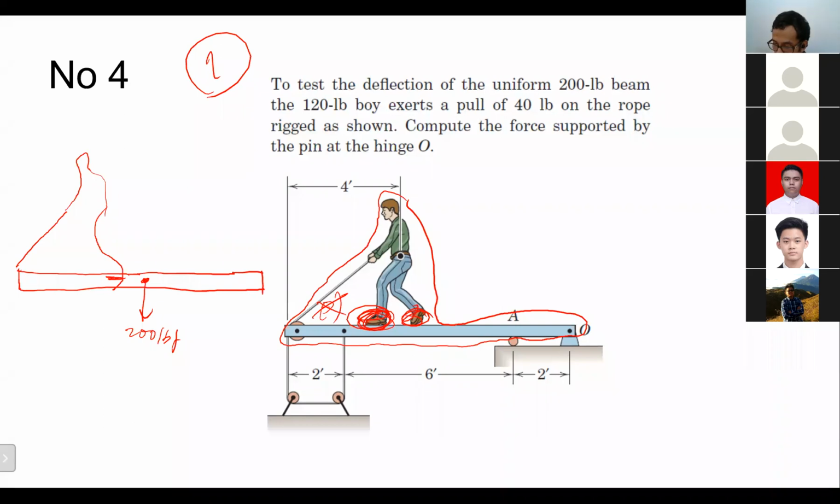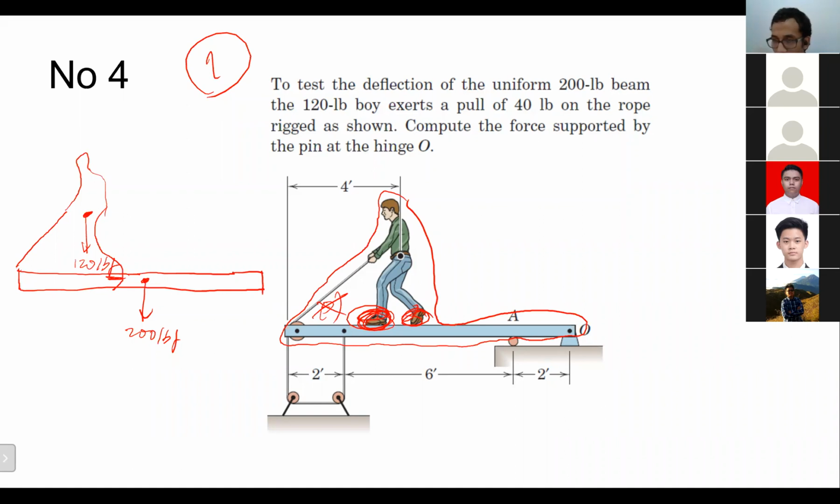Then the buoy itself has 120 lbf, right? 120 lbf. The weight of the ball. Okay, what else then? What are the external forces there?